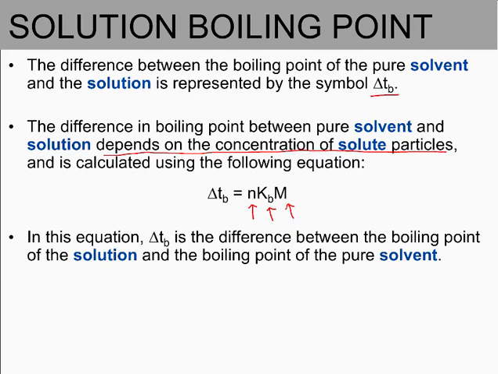All right. So again, delta TB is the difference between the boiling point of the solution and the boiling point of the pure solvent.